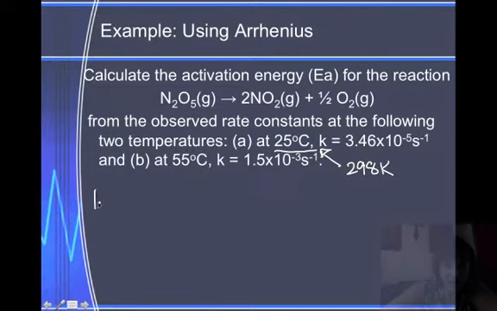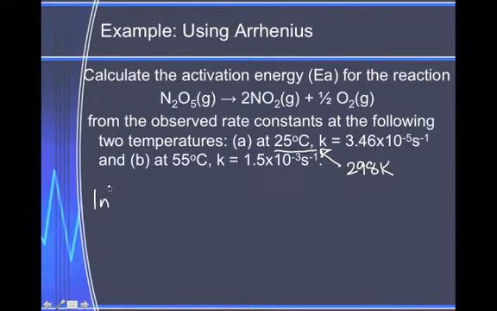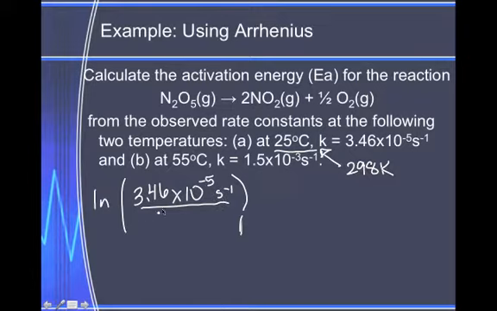So I'm going to take the natural log of which k? k1 over k2. All right. So we're going to put the natural log of 3.46 times 10 to the minus 5 per second divided by k2, 1.5 times 10 to the minus third per second.